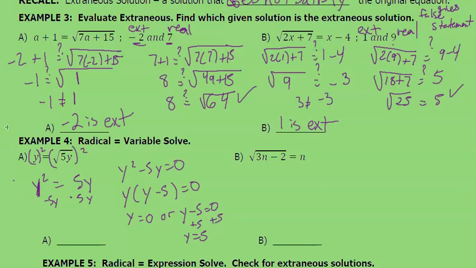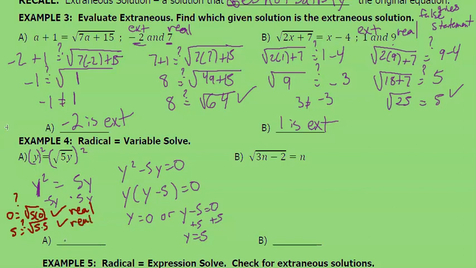So let's plug in y equals 0. Is 0 equal to the square root of 5 times 0? Yes, that one's true, so that one's real. Let's plug in 5. Is 5 equal to the square root of 5 times 5? Yes, that is also true, so that is also real.